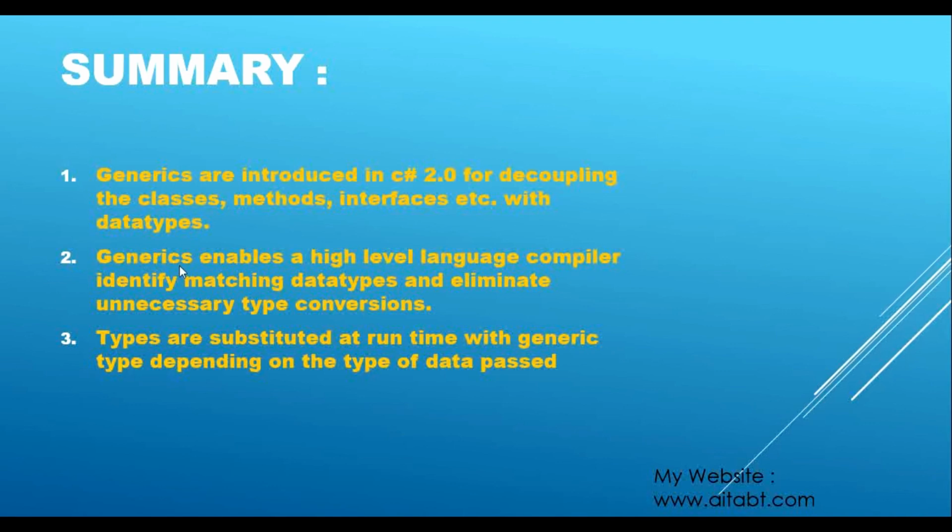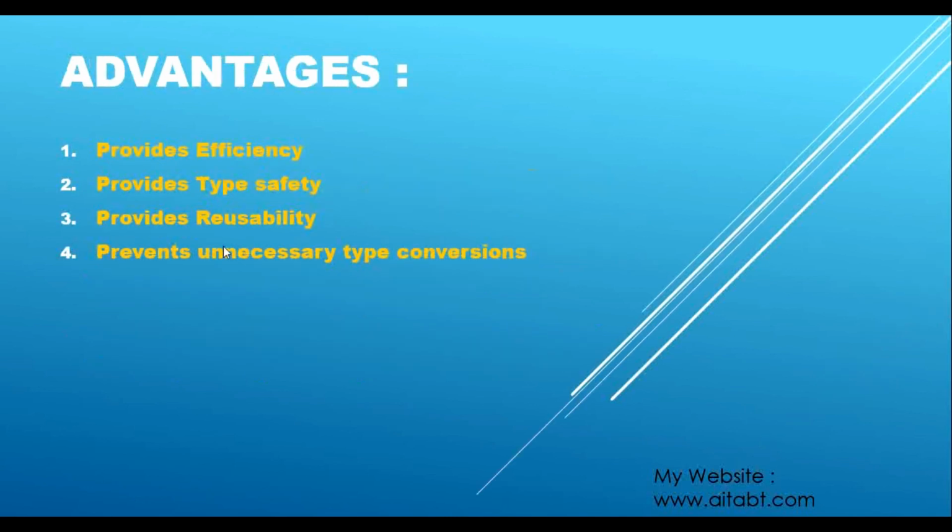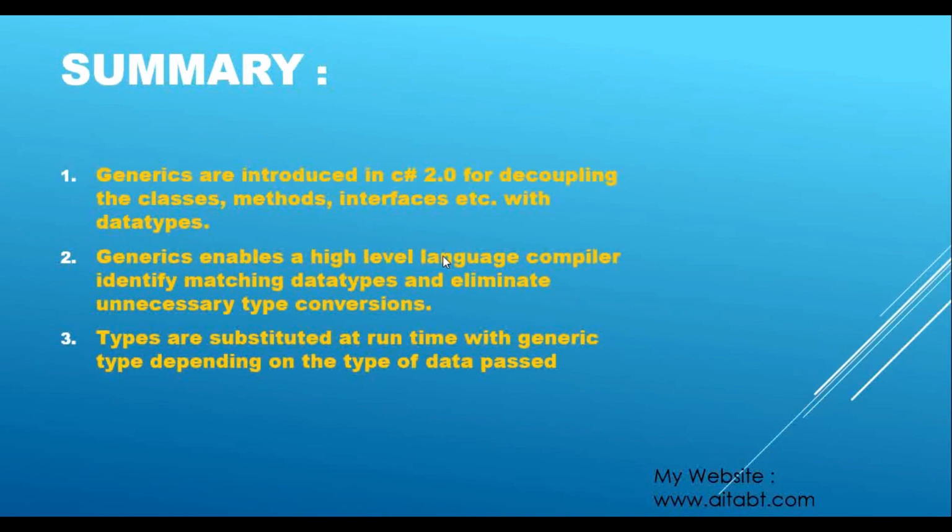And the second point is that generics enable a high level language compiler to identify matching data type and eliminate unnecessary type conversion. That is one of the advantages. The compiler identifies a matching data type at runtime, and it also eliminates the unnecessary type conversions, and that makes our application more efficient.